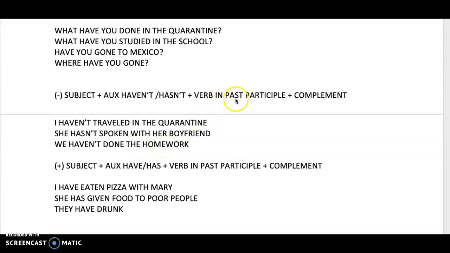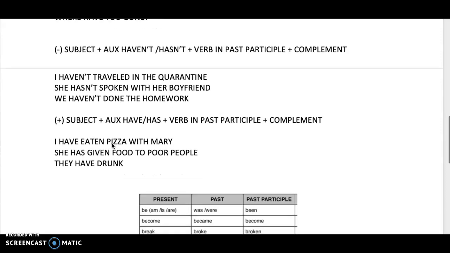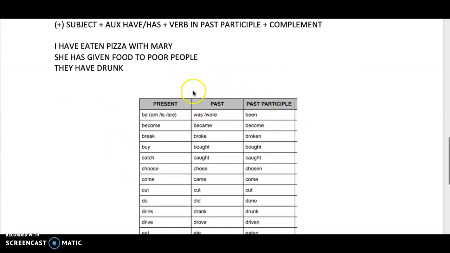You need to practice the verbs in past participle for you to remember them. I pointed out this chart for you to have only the verbs in past participle but irregular. Okay, remember that the irregular verbs are the ones that change. For example, be is in present and it changes to been in past participle.